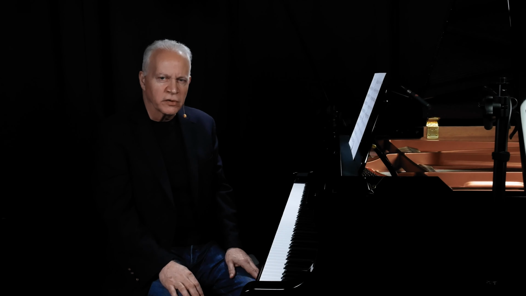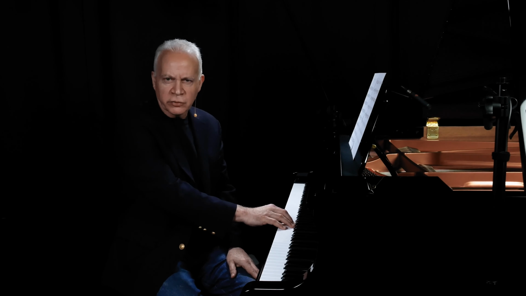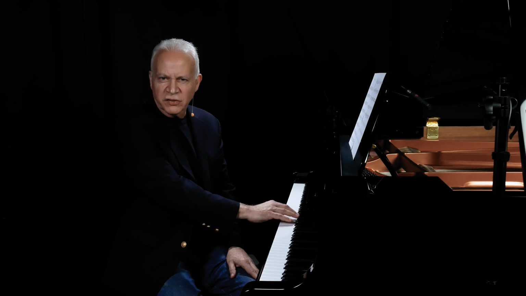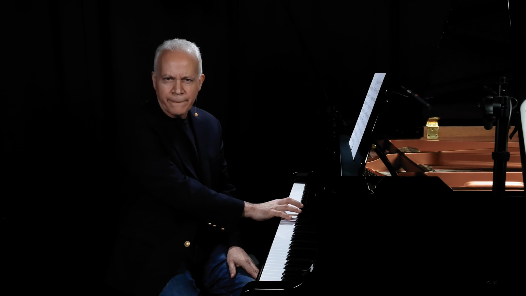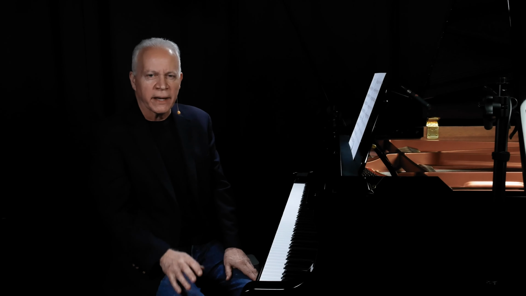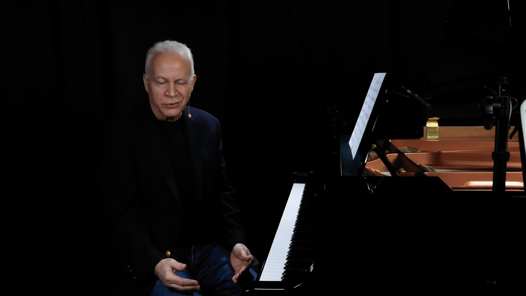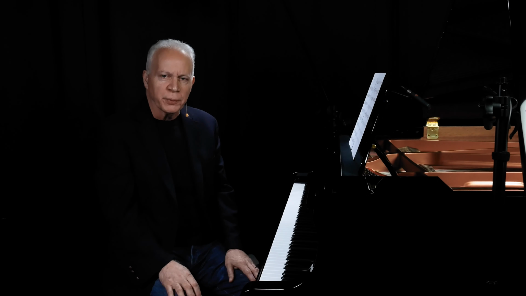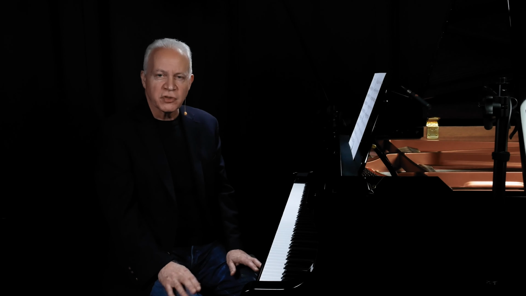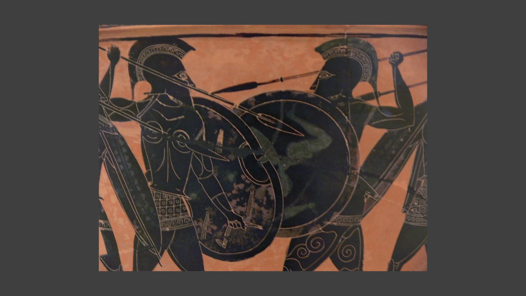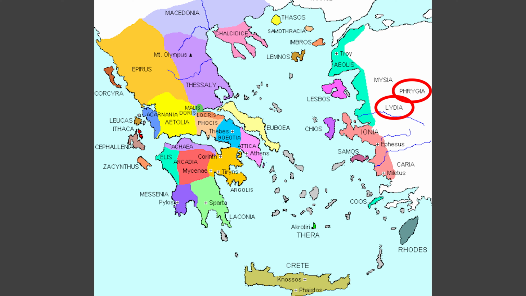Originally, tetrachords, which are four-note groupings of tones, were placed next to each other in different combinations to create what might be considered by today's standards scales. The different groupings were labeled based on different peoples and areas of Greece, most notably the Dorians and neighboring areas like Phrygia and Lydia and Locris.